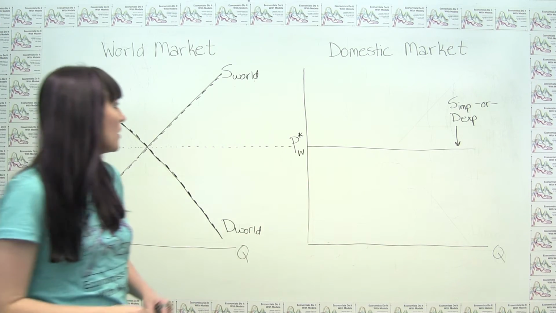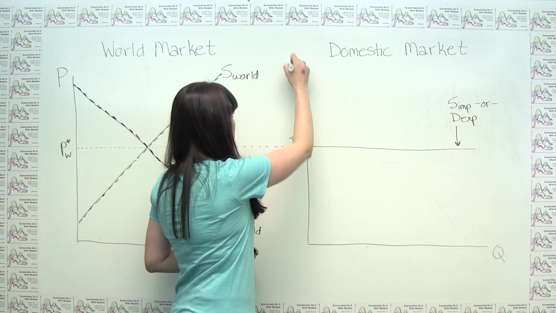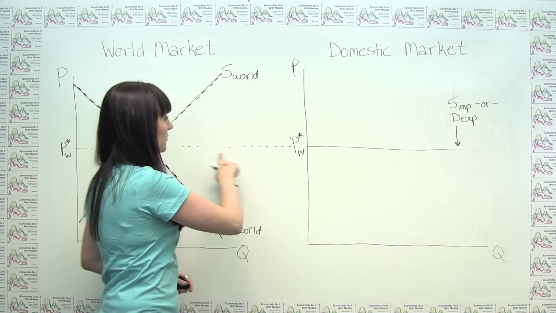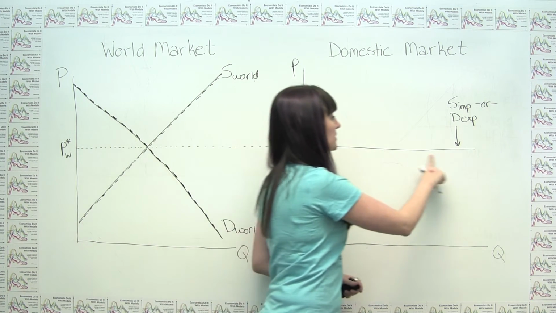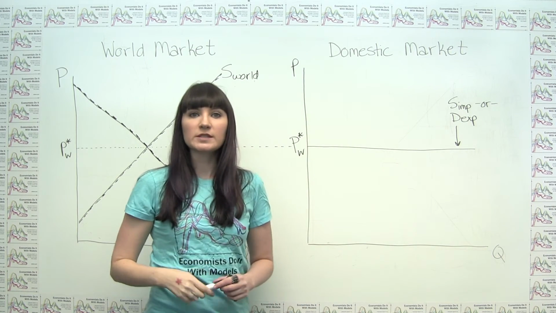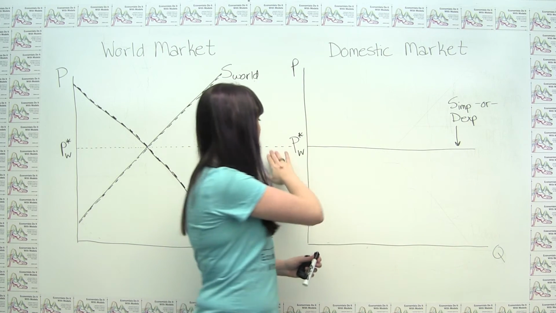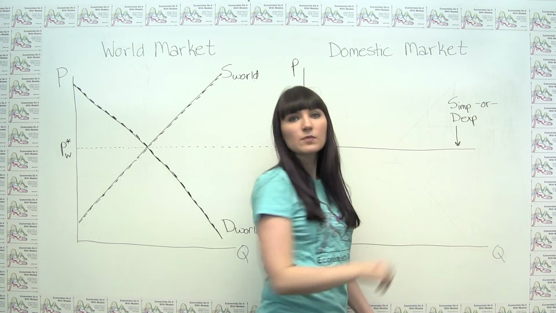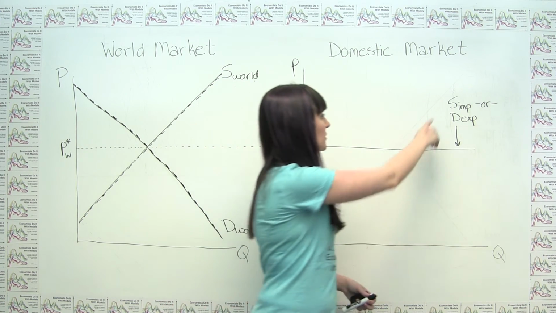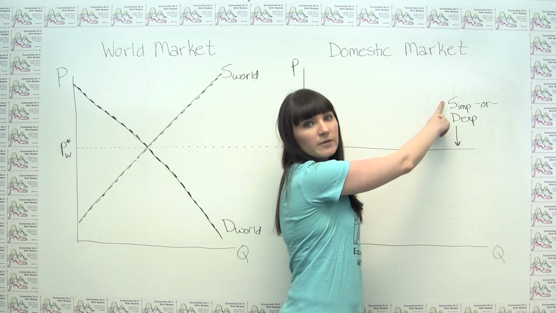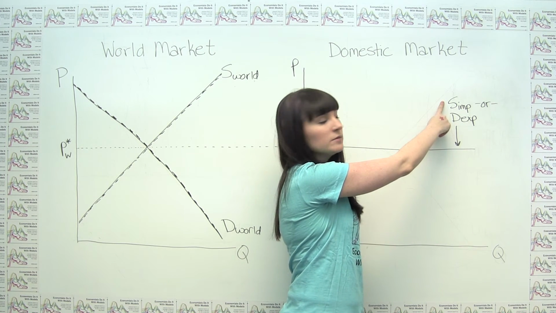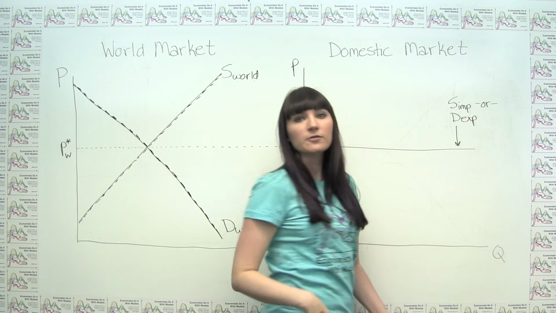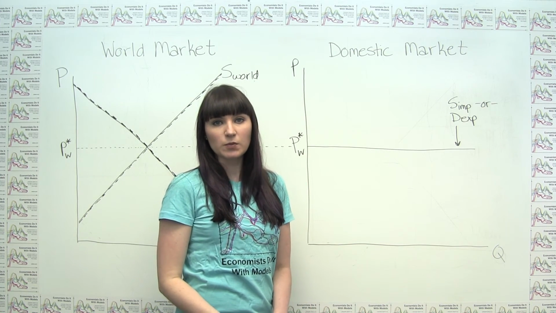This world price that prevails is exactly the price that our small country takes as given. And this horizontal line at this world price is what this small country is counting on either as its supply of imports when it wants to be importing, or as its demand for exports when the country wants to be exporting.